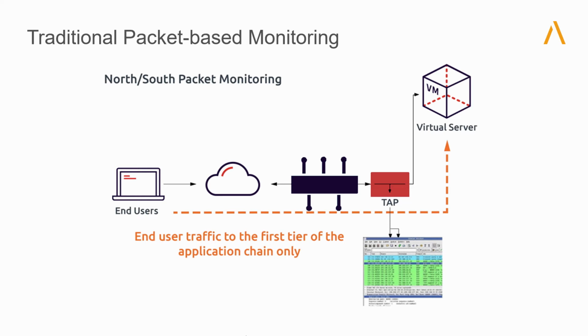As we go into virtual servers, hypervisors, VMware, etc., one of the big gaps is that we only see this first tier, that end user traffic. As applications have become more distributed, multi-tiered, multi-location, relying just on this wire type tapping is really no longer sufficient.